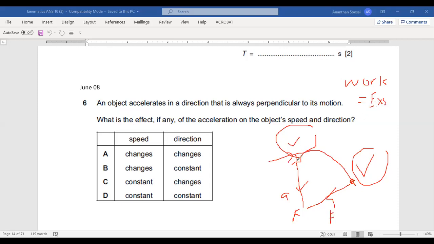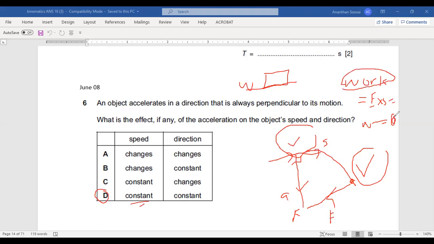If force is 90 degrees to the direction of displacement, work done is zero. There is no work done. Normally, work is what increases or decreases the energy of an object. Because here no work is done by the force, the body does not gain kinetic energy, so the speed won't rise. So yes, good, D is the answer. Why is the speed constant? The answer you should give is that work done by the force is zero.